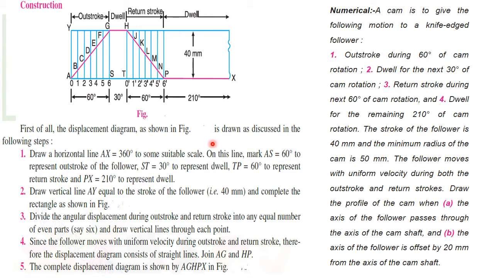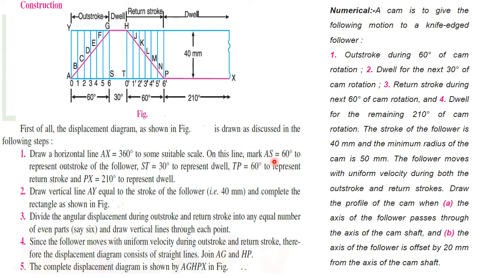First step: draw a horizontal line AX, where AX is equal to 360 degrees. We assume a suitable scale for the total length AX, which is 360 degrees.